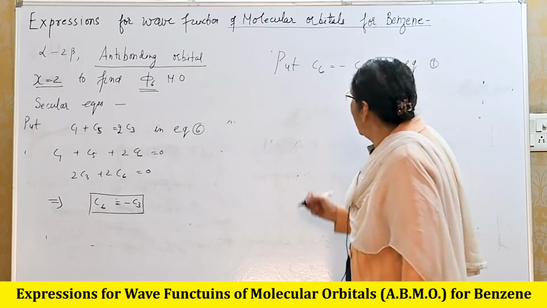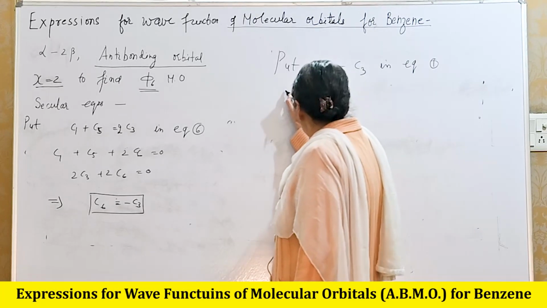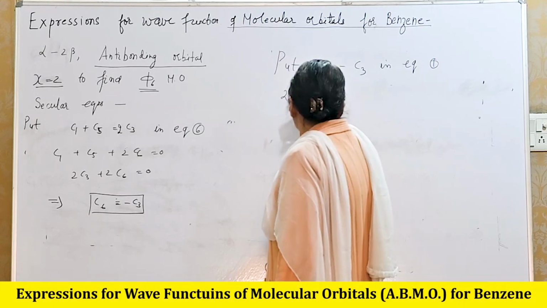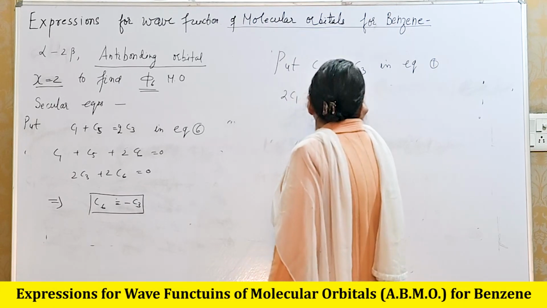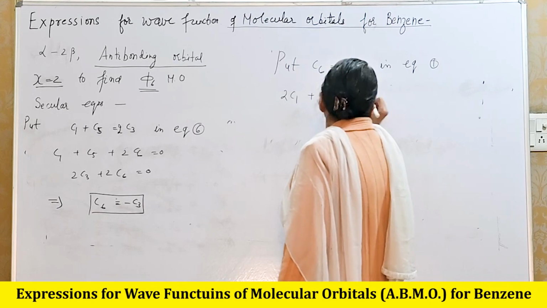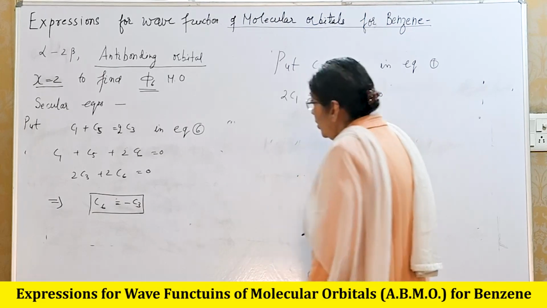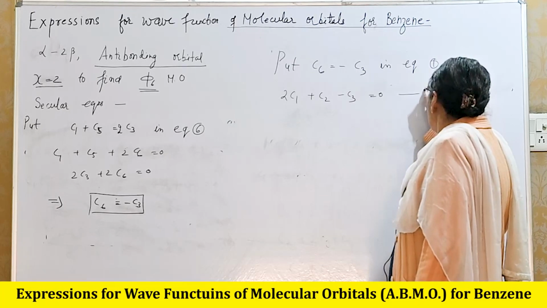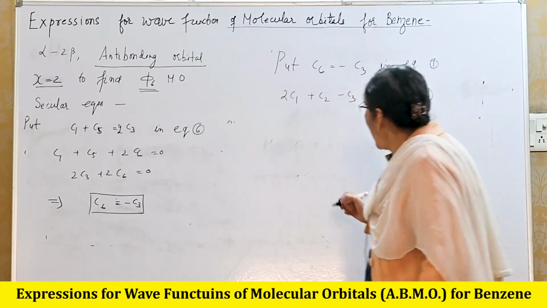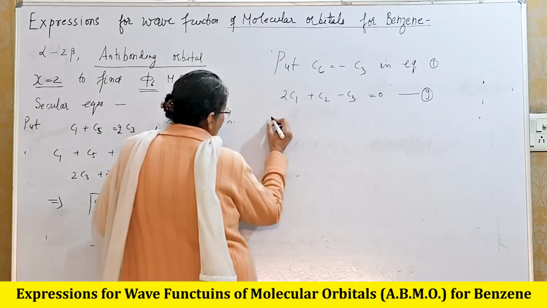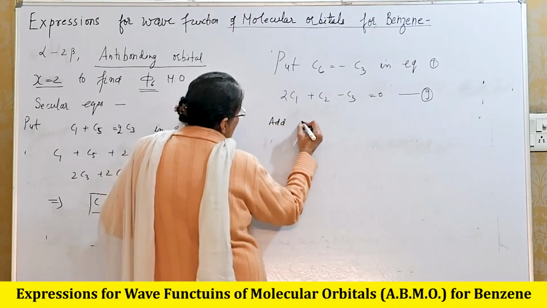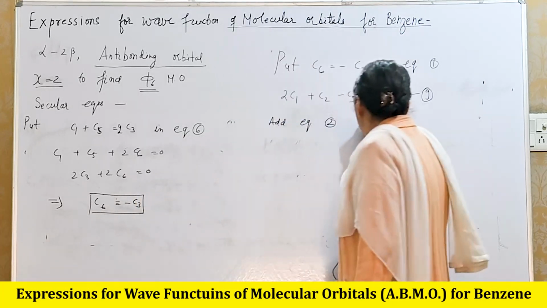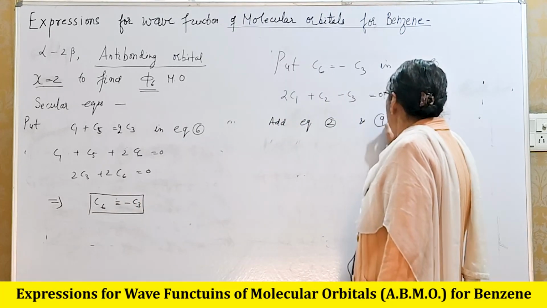Then we get 2C1 plus C2 minus C3 is equal to 0. This is equation number 9. Now add equation 2 and 9.